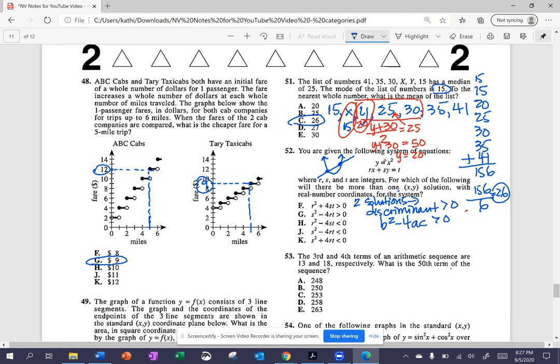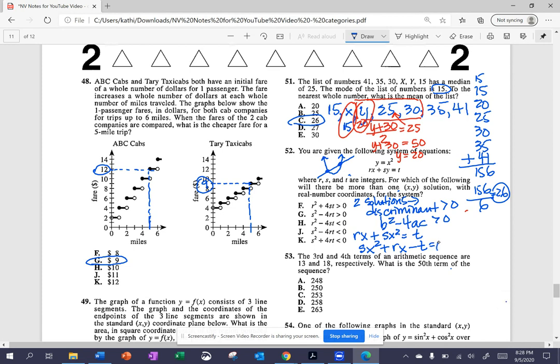Okay, so I'm going to substitute here my y with x squared. So this is r times x plus s times x squared equals t. So now I'm going to move t to the other side and put this in descending order. So this is sx squared plus r times x minus t is equal to 0.